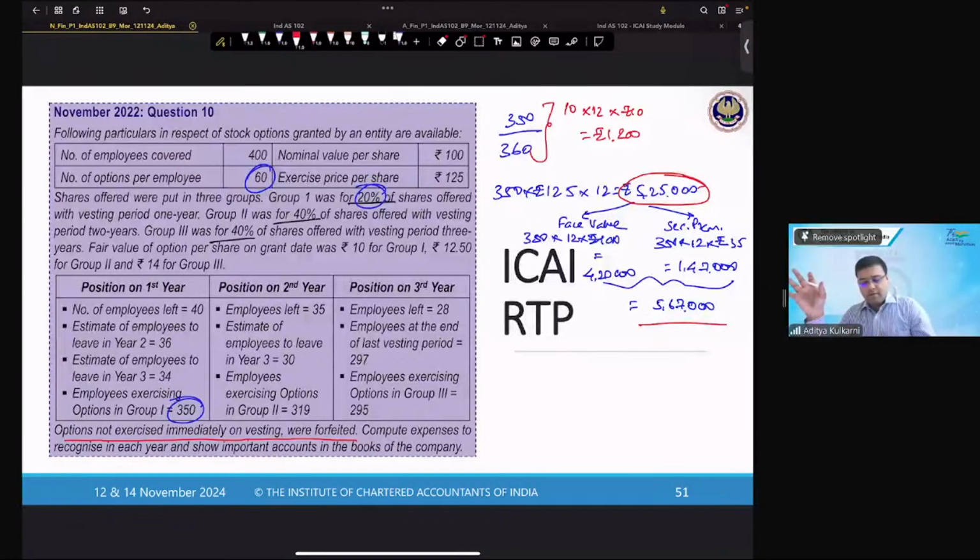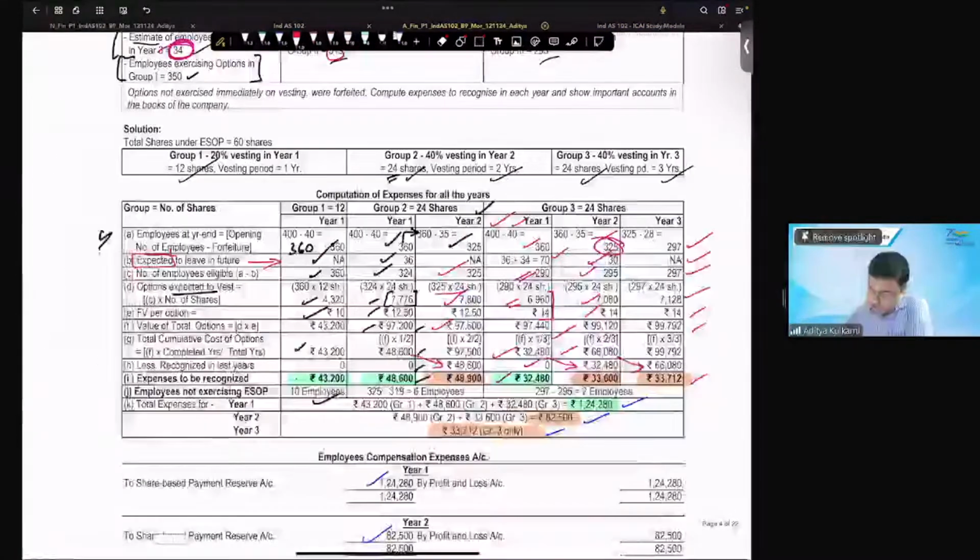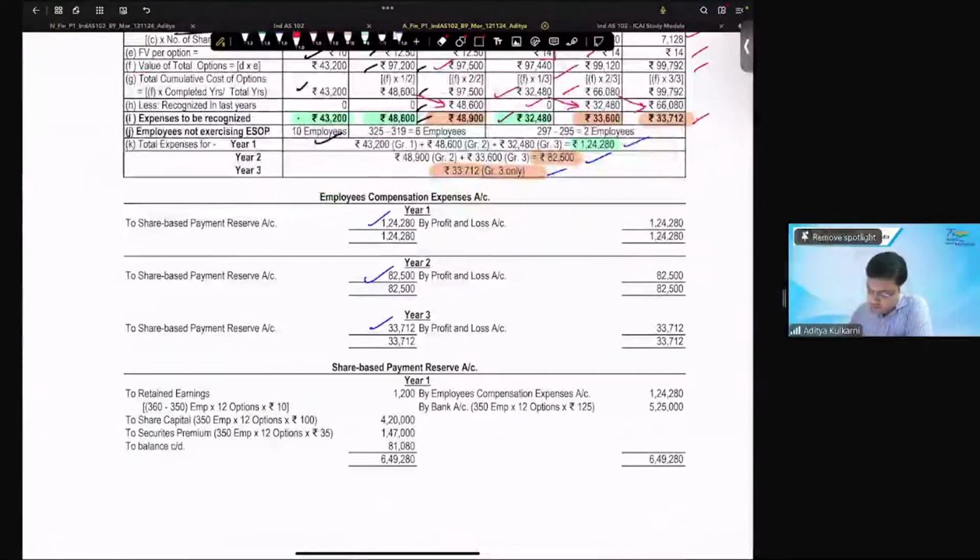Yes, sir. Perfect. So now let us come to the solution. All right. SBP reserve, year 1, 1,24,280 has come, that is this figure.